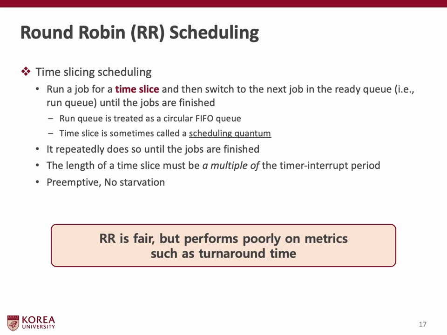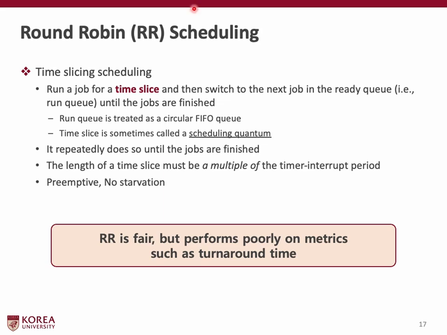So, to address the response time problem, especially in interactive systems, we introduce a new scheduling algorithm, which is round robin. Basically, this is the fundamental scheduling algorithm in time-sharing systems. Its key idea is very simple. Instead of running each job to completion, the scheduler gives each job a fixed time slice, which is also called a scheduling quantum.